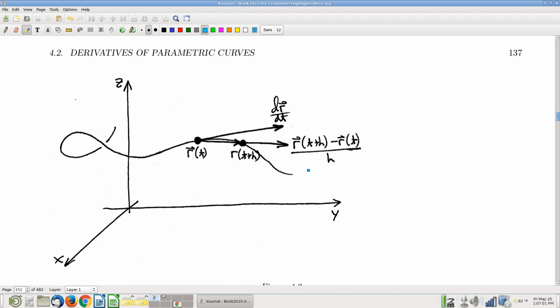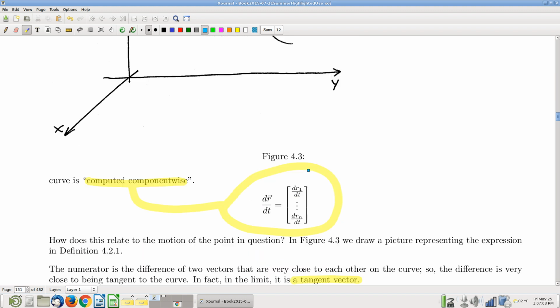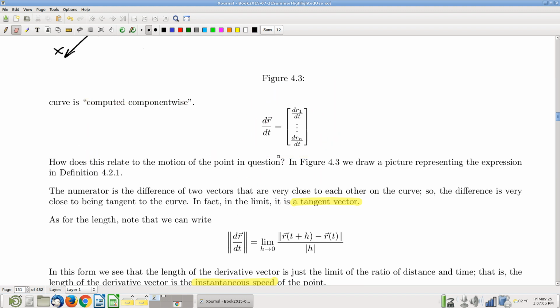All right, now what's the magnitude? How long is this tangent vector? Well, if you look at the algebra here, you look at the magnitude of the derivative, and I'm going to sweep a little formality under the rug as to limits of magnitudes and what happens there. Algebraically, can you move the limit outside of the vector magnitude? It turns out it's fine. What we're looking at is the magnitude of a difference vector.